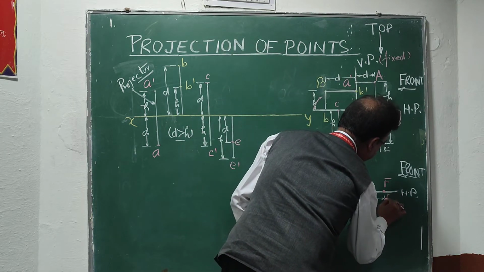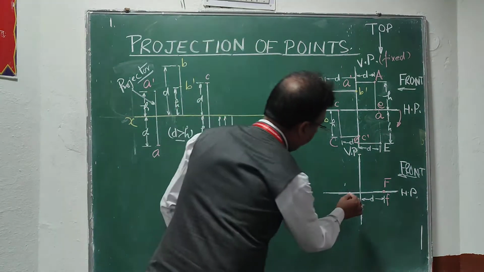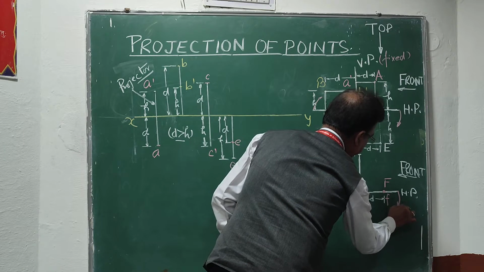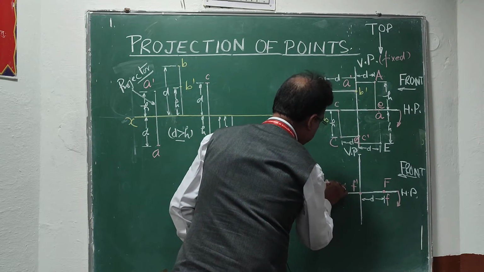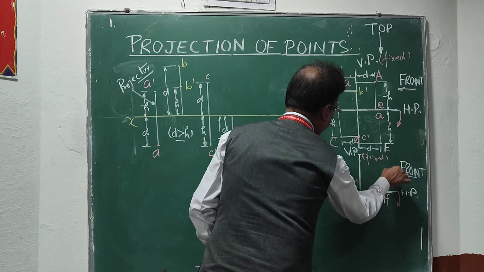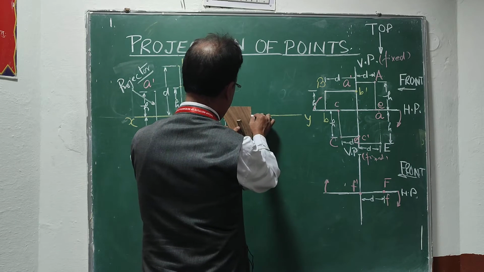Where we have capital F, the same point will be small f, and the front view will be on the reference line. As you know, again the rotation of HP will be clockwise, VP will be fixed. So this F will go downside. If I want to plot the projection, it will be like this.